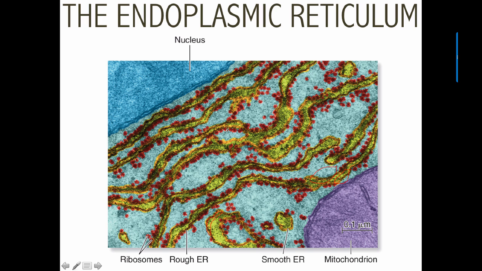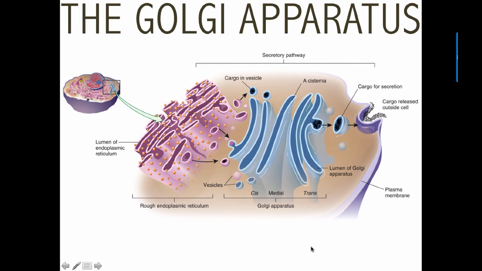All these red dots are ribosomes, and this electron micrograph has been pseudo-colored, falsely colored. The nucleus is up at the top here, and this structure down in the bottom right is a mitochondrion, and we'll talk about that in a little bit. So that's what the ER would look like in an electron micrograph.